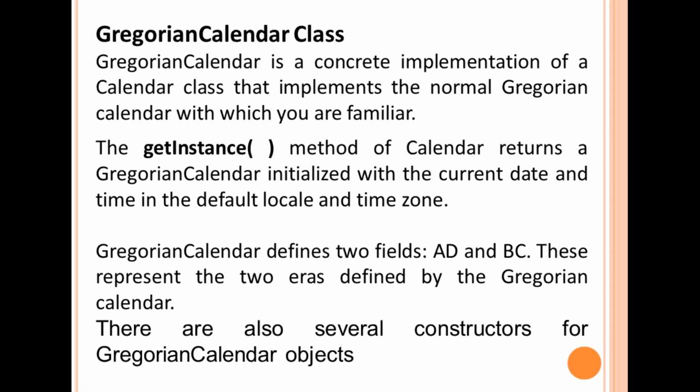GregorianCalendar(int year, int month, int date) constructs a GregorianCalendar with the given date set in the default time zone with the default locale. GregorianCalendar(int year, int month, int date, int hour, int minute) constructs a GregorianCalendar with the given date and time set for the default time zone with the default locale.